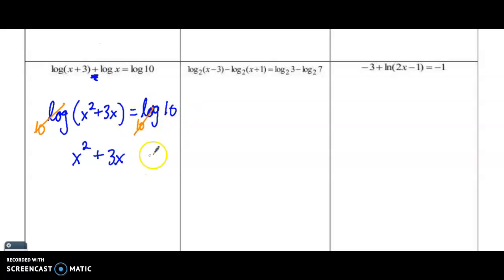So because it's a quadratic now, I want to set it equal to 0, so I would subtract that 10 over. And factors of 10 that add to be 3, 5, and -2, so that means x must be -5 and +2. But the only one that works is the +1.